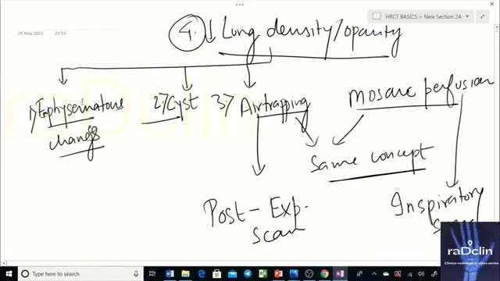In emphysematous change, I generally have no wall. The wall is not there. Remember this.